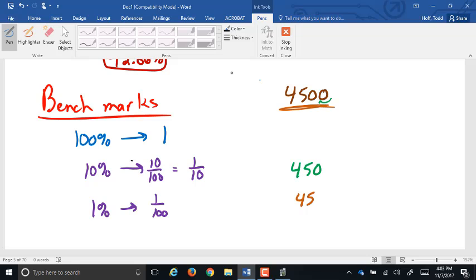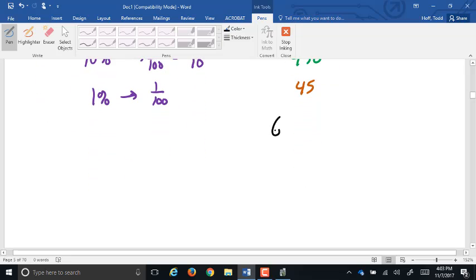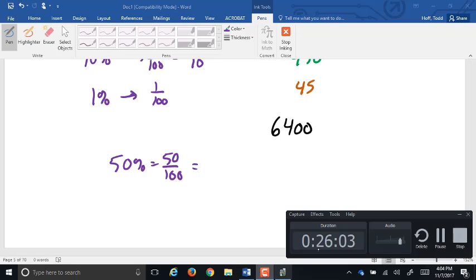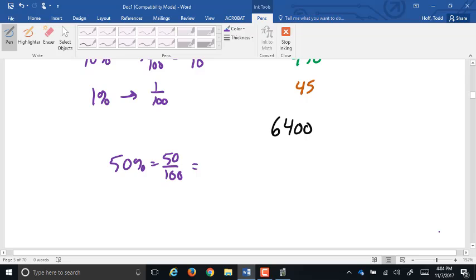If we had something like 6,400, 50% wouldn't be so bad. 50% is 50 out of 100, or 1/2. 6,400 is easy to find half. What's half of 6,400?